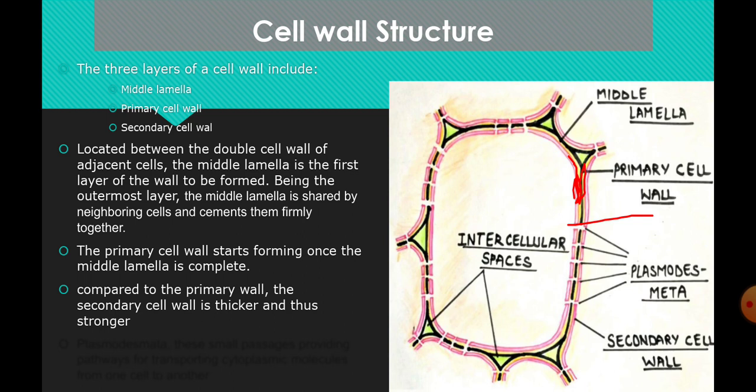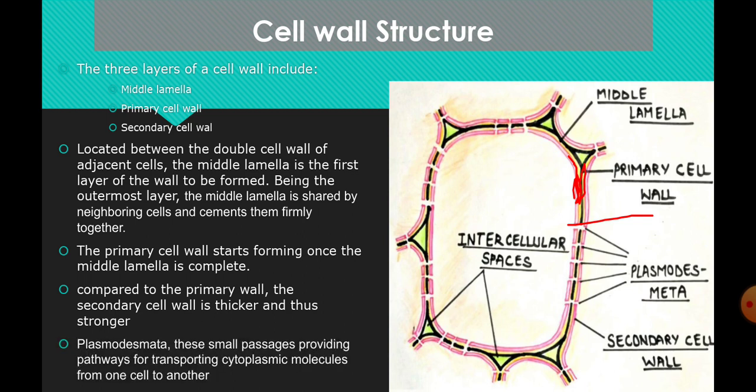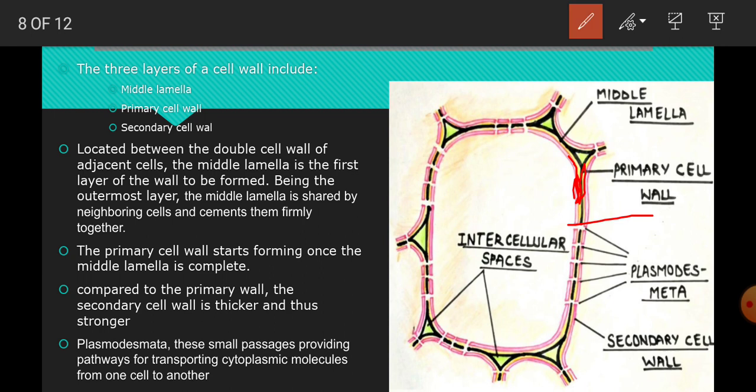Not all cells have the secondary cell wall; only the matured cells have it. And there is another component in the cell wall structure, that is plasmodesmata. It is the passage, like a hole in the structure, and it enables transporting cytoplasmic molecules from one cell to another.